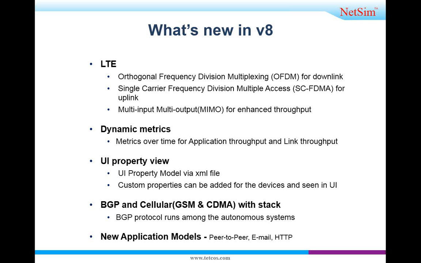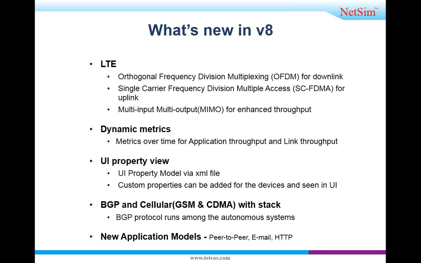Like in LTE, we have updated OFDM for downlink signal, SCFDMA, MIMO for enhanced throughput. Then in dynamic metrics, we can create application throughput and link throughput graphs. Then UI property overview, we can model by XML file, or we can custom properties that can be added into devices.